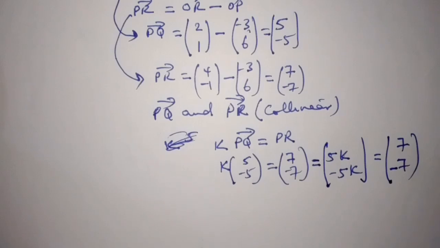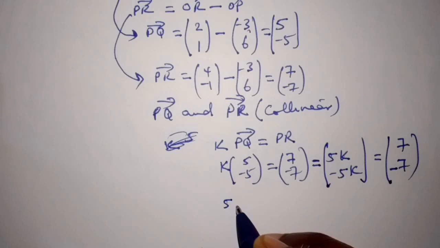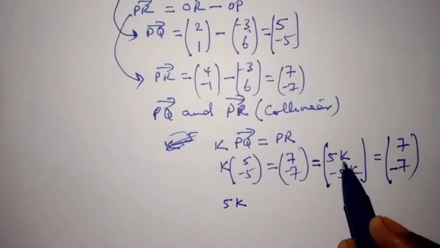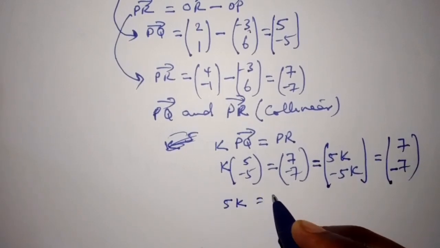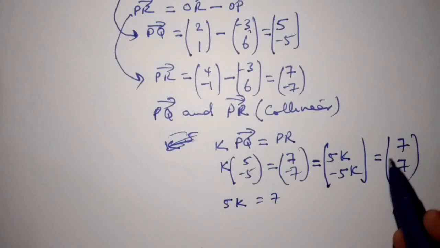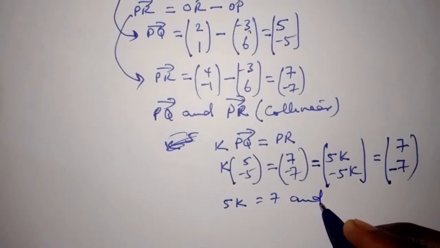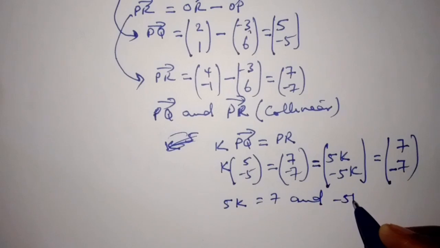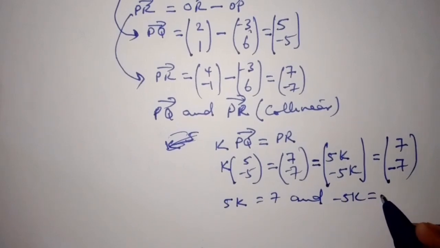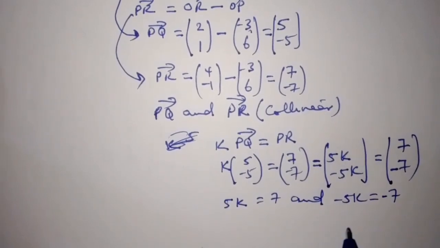And from here we can say that 5K is equal to 7, and -5K is equal to -7.